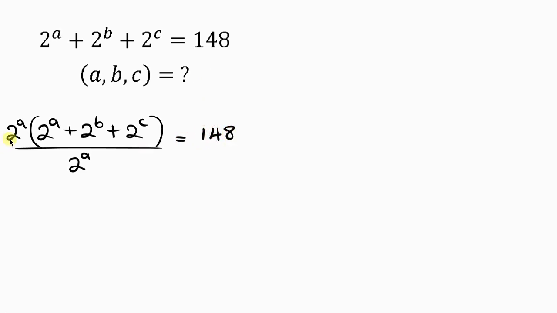The left-hand side can be simplified to 2 to the A times 2 to the A divided by 2 to the A plus 2 to the B divided by 2 to the A plus 2 to the C divided by 2 to the A.